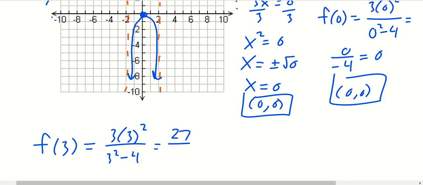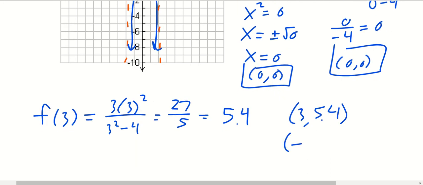That's going to be 27 over 3 squared is 9 minus 4 is 5. So we get 27 over 5, which is about 5.4. So if you're looking for another point in the graph, we would have 3 comma 5.4.